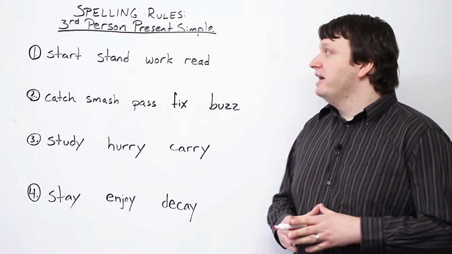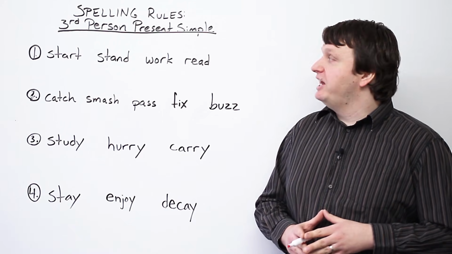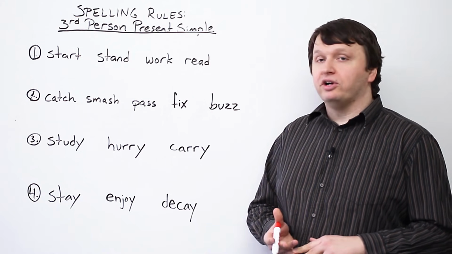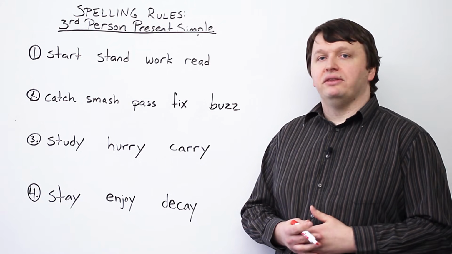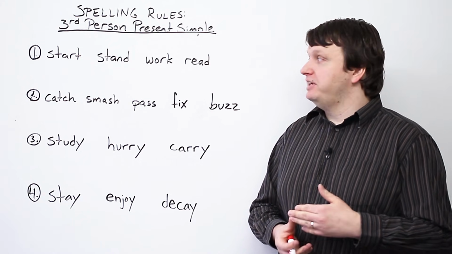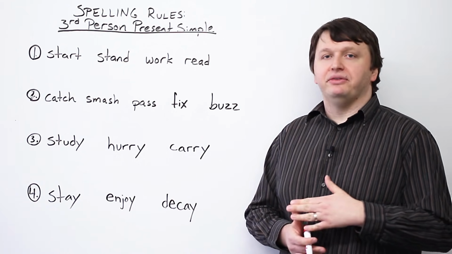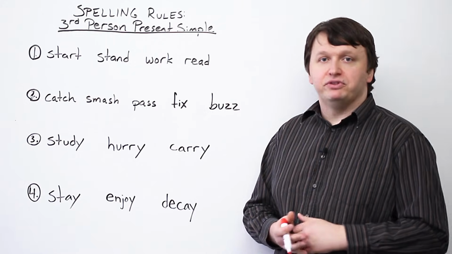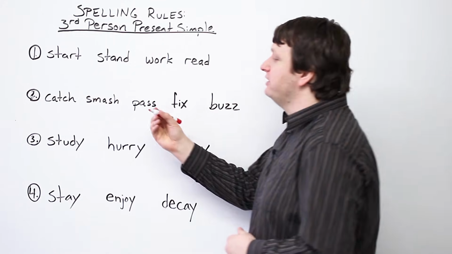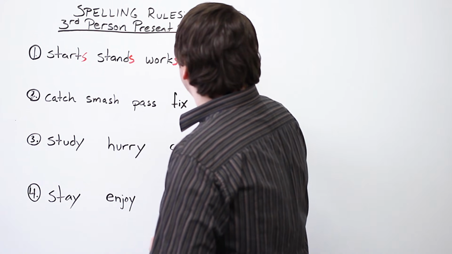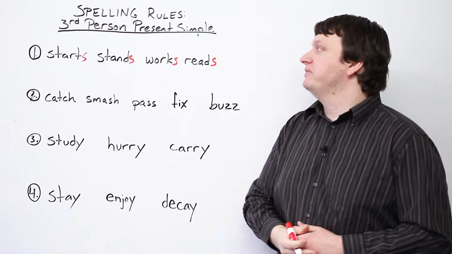Number one, we have 4 verbs: start, stand, work, read. In the first person, we say I start, I stand, I work, I read. But in the third person, as most of you likely know, we have to say starts, stands, works, reads, right?